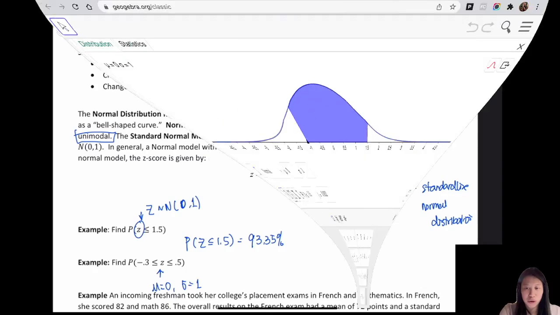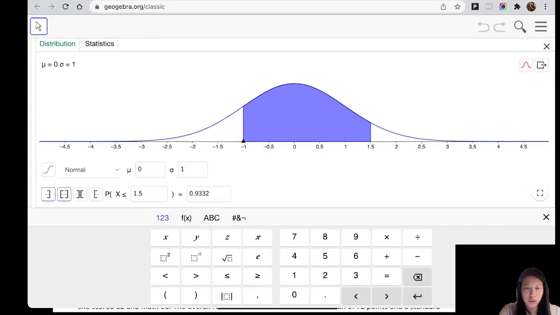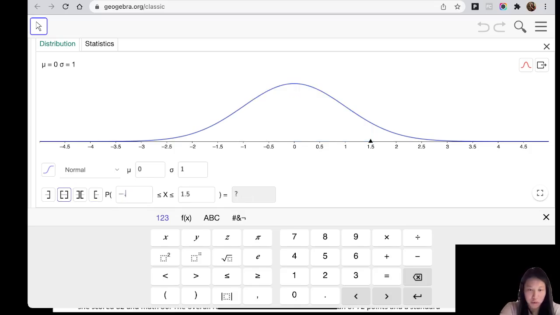In GeoGebra, we use the middle value option with -0.3 and 2.5, and the result would be 61.94%.